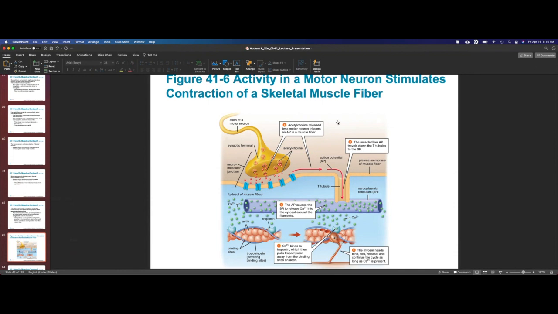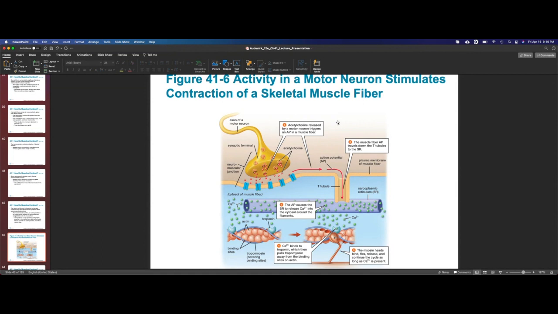And that electrochemical signal is propagated through a process called an action potential. Without getting too much into what an action potential is, it's like a minimum threshold for an excitatory signal to propagate down across the nerves to its endpoint.